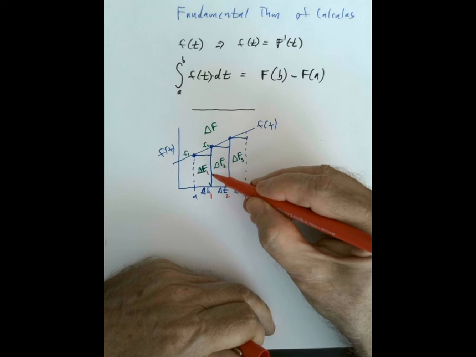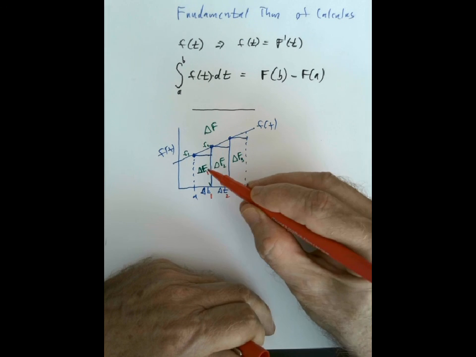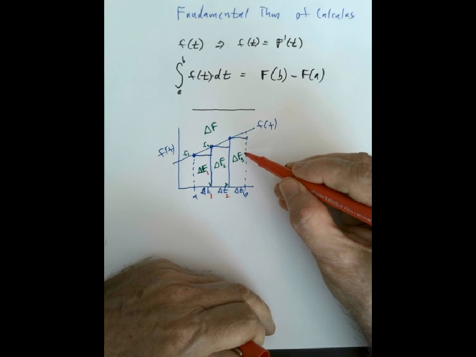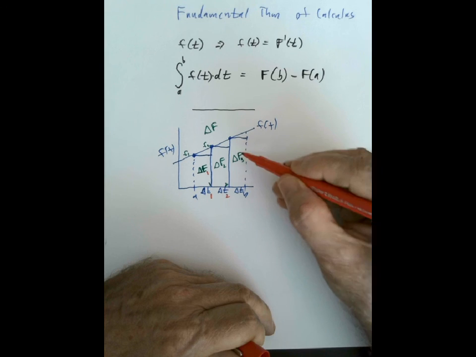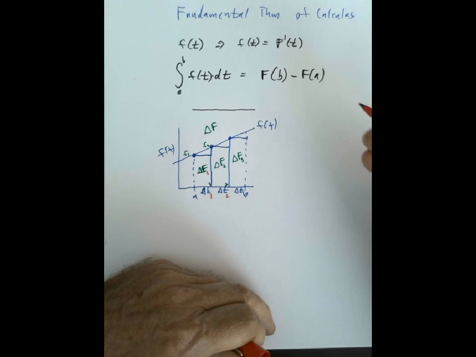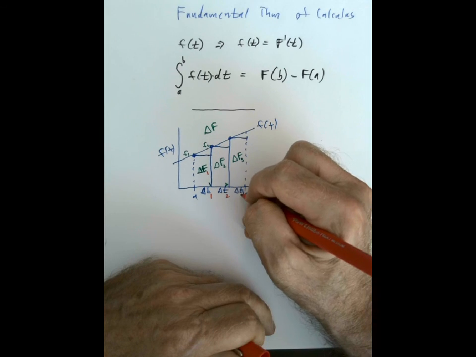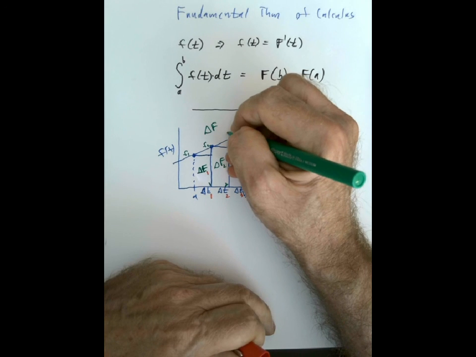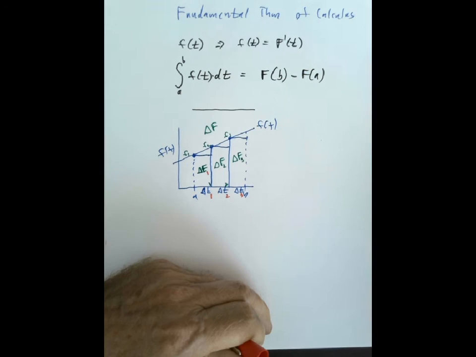As we're increasing here, going from left to right, this is another increase in the area that we're going to call delta f3. The corresponding increase in t is delta t3, and the corresponding height of that curve on the top, little f, is f3.